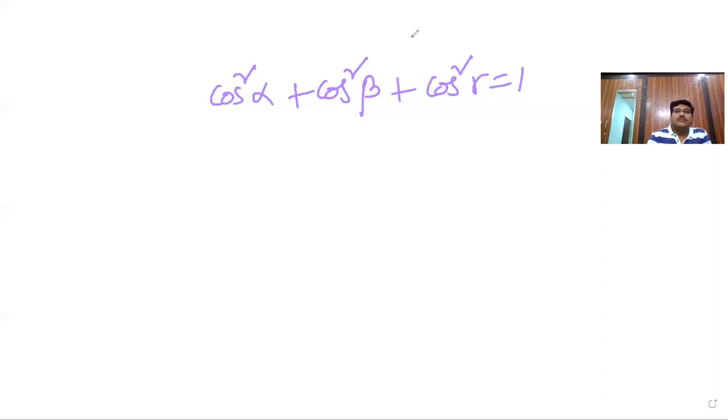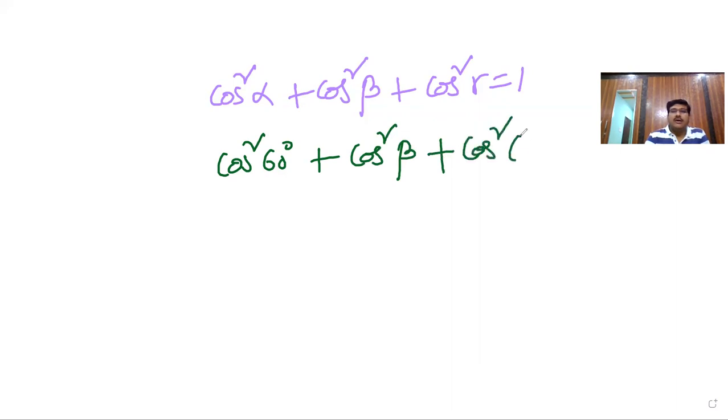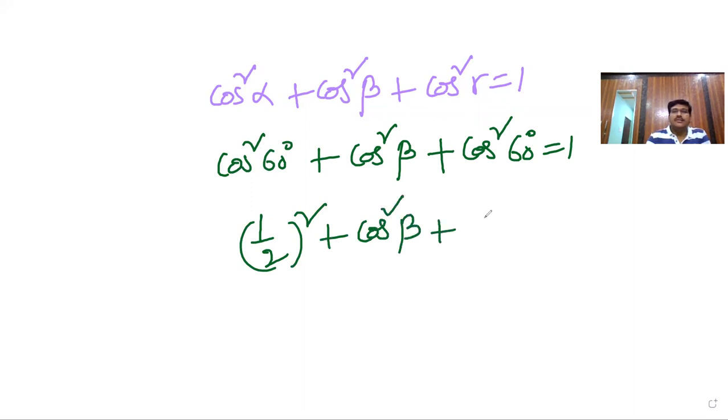So cos square 60 degrees, then cos square beta as it is, plus cos square gamma, where gamma is again 60 degrees, is equal to 1.